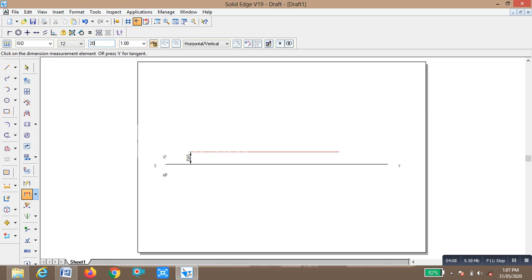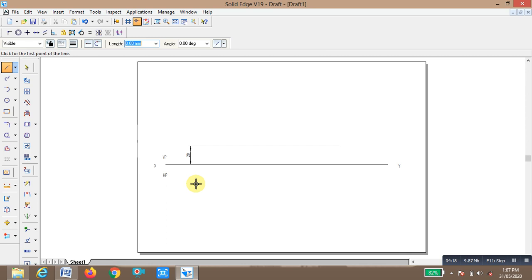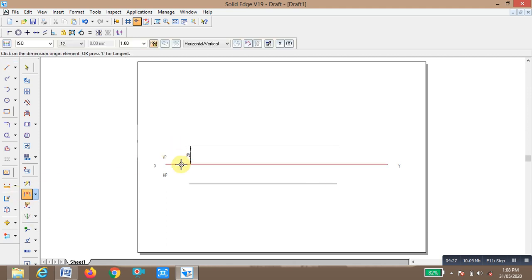20 mm. Similarly, in front of VP is 30 mm. Again go to line and draw another line on this side. Check the distance between XY and this line. It is 21.